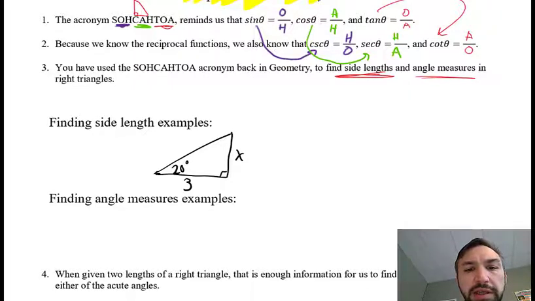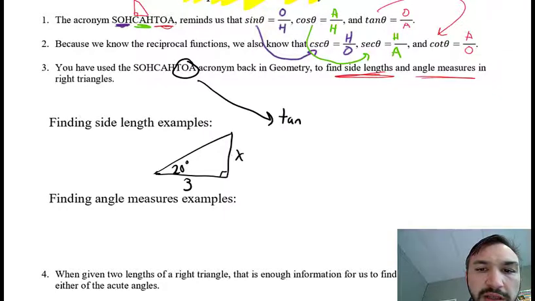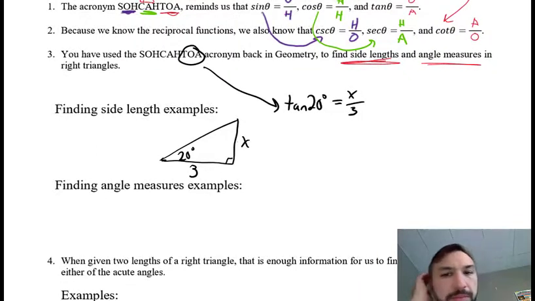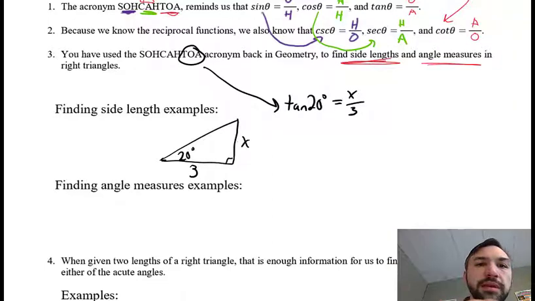From this 20 degree angle, if I'm trying to find the opposite side, opposite is directly across, and I know the adjacent side, adjacent is next to but not the hypotenuse, then I can use tangent, because tangent of that angle will always be opposite over adjacent. Okay, so there's my equation. Now I still need to solve it for x if I want to know what x is, but that's super easy.